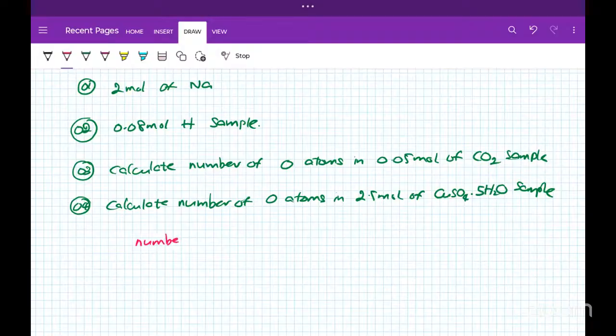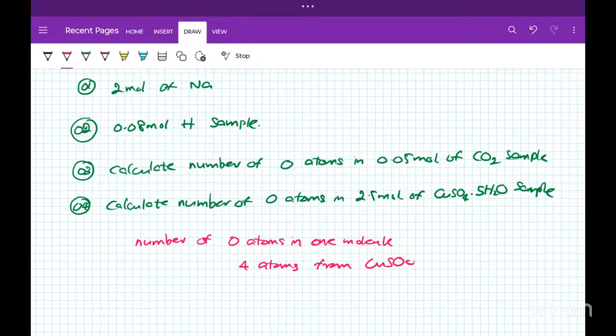Number of oxygen atoms in one molecule. So there are 4 atoms from CuSO4, and there are 5 atoms from H2O, dot 5H2O.